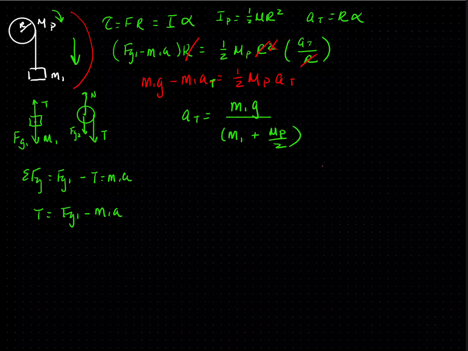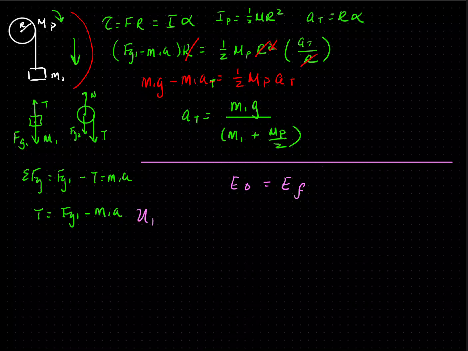Or you could use the second method to solve, using the conservation of energy. We know that the energy before must equal the energy final. Each object can have a potential energy if there is a height. Each object can have a translational kinetic energy if it's moving in the x, y, or z direction. And it can have a rotational kinetic energy if it's spinning.